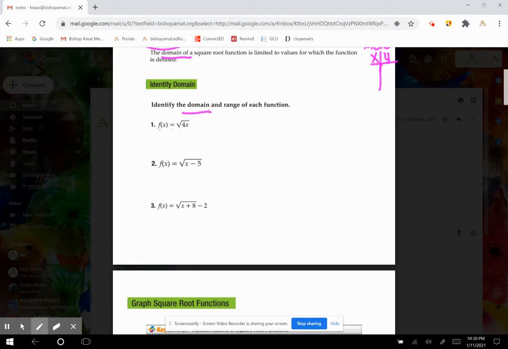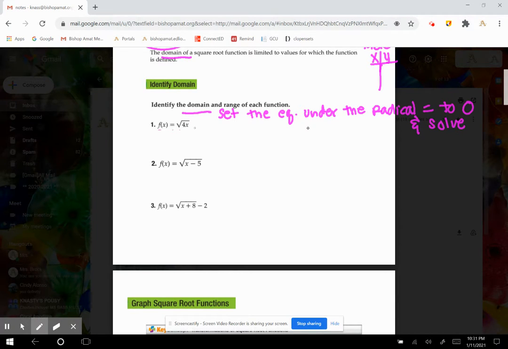So here, in order to figure out the domain, you're going to set the equation under the radical greater than or equal to 0 and solve.